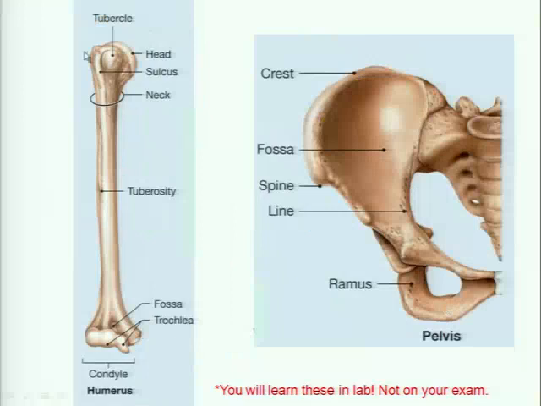There's a bunch of these. Here's a ridge, a sulcus. This big part is called a crest. This flat area, a fossa, a spine, a line, ramus. So yeah, you got a lot to learn. But again, you don't have to sweat it out just yet, but I'm pretty sure that they're going to quiz you on that stuff. You're going to hear these terms in lab or in lecture, though, so you should know what they are.